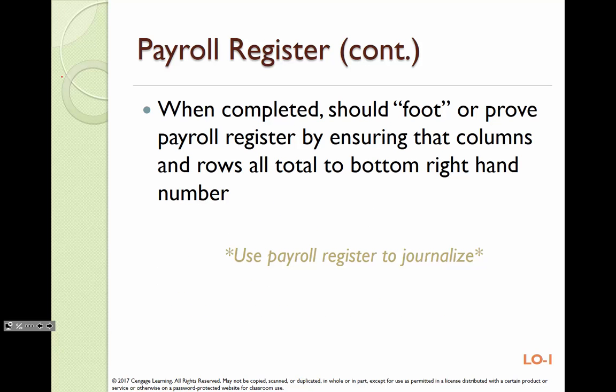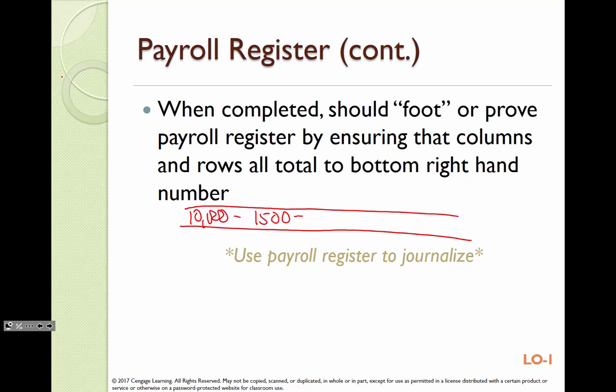This is what I'm talking about when you get done with your payroll register. Say this is your bottom row. And you've got gross wages of $10,000 and FIT withholding of $1,500 and SIT withholding of $300, et cetera, et cetera. You've got it when you total up all those columns.